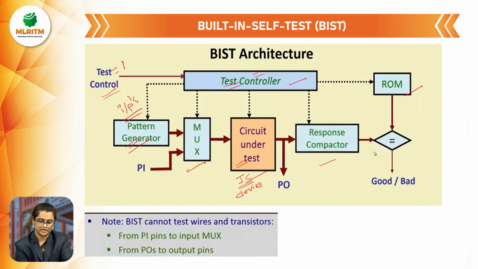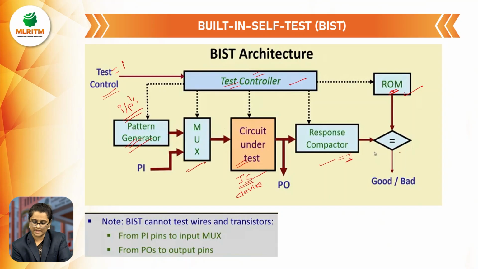This output is given to the multiplexer. Then we take the input through the multiplexer to the device and give the output, and this output comes to the response compactor. Here the ROM memory already stores the previous results. So here we compare the resultant stored outputs and the exact expected output.